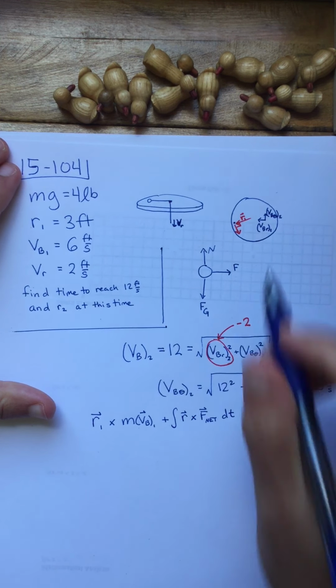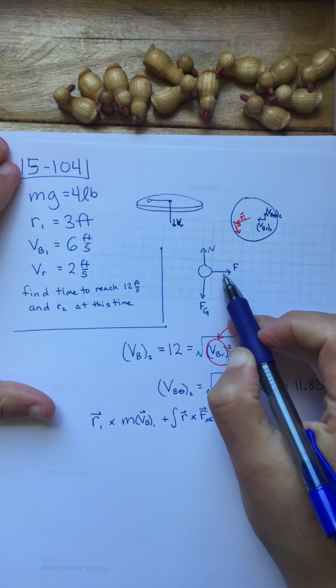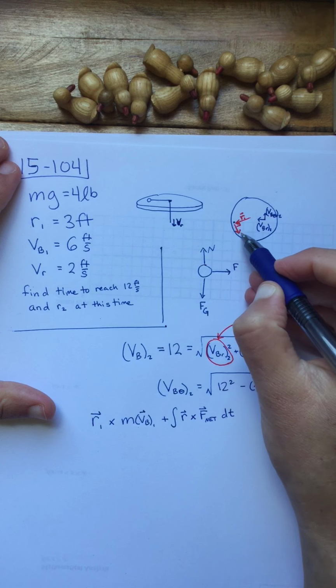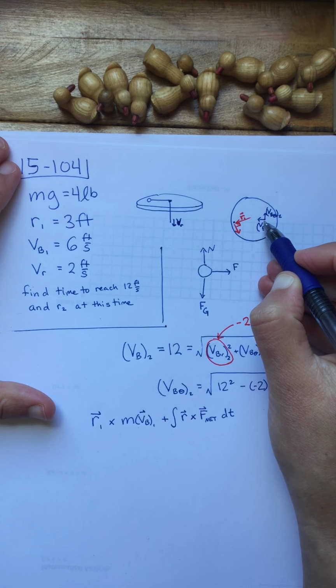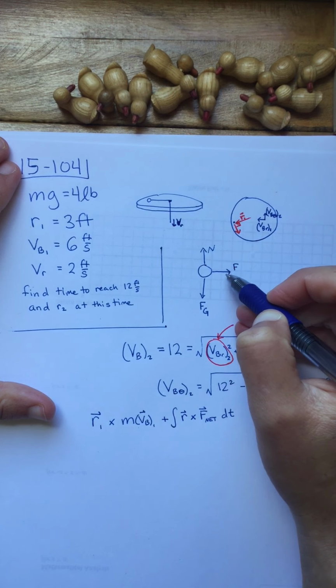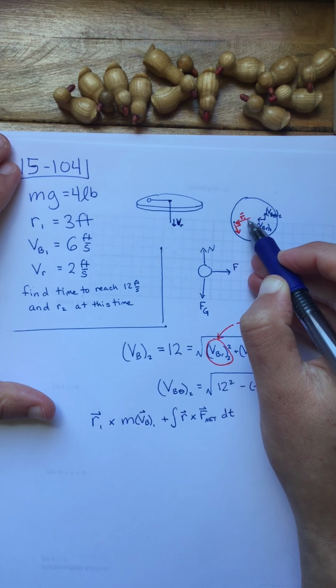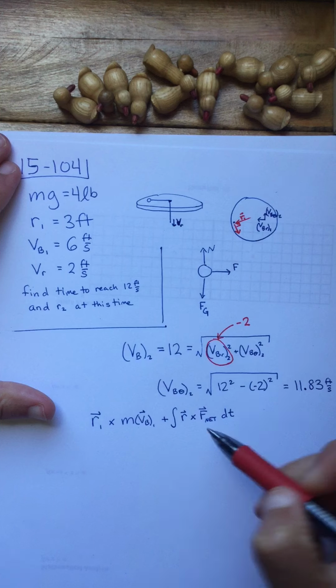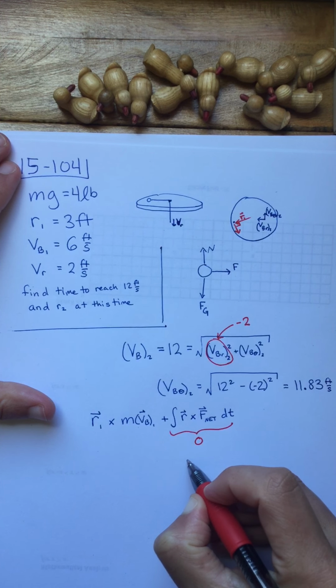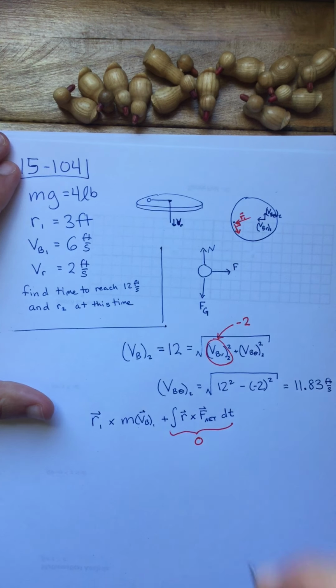And so we just have the force of the cord acting on the object. But at any point that you look, either here or anywhere along the way up until we get to event 2, r is pointing from the origin to the object, and this force of the cord is pointing in the opposite direction. So for the cross product here, you're always going to get 0 because whatever direction r is pointing in, F is pointing in the opposite direction.